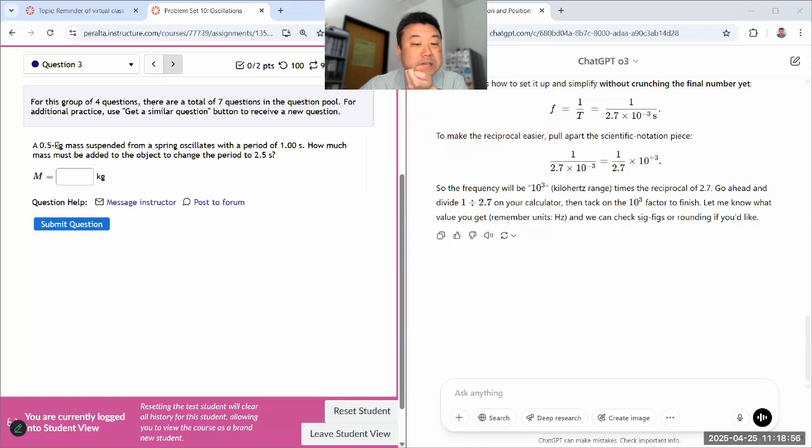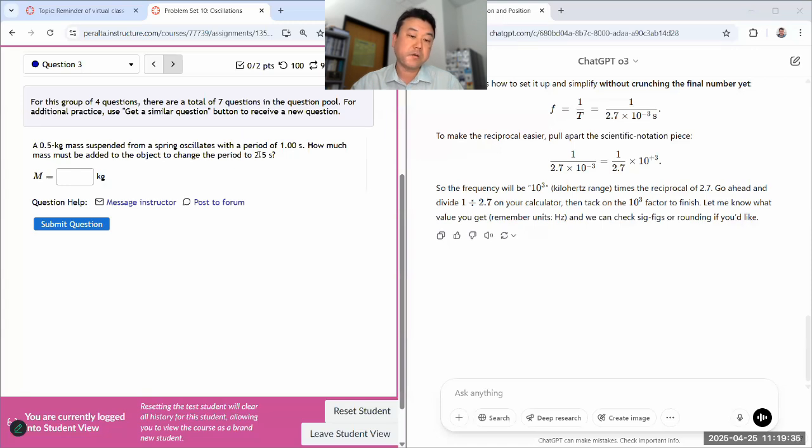So this is actually a pretty easy question because you're trying to increase a period by a factor of 2.5. I'll just say things out loud. So the angular frequency is the square root of k over m, or the period is proportional to the square root of m over k. So to increase the period, I need to increase the mass.